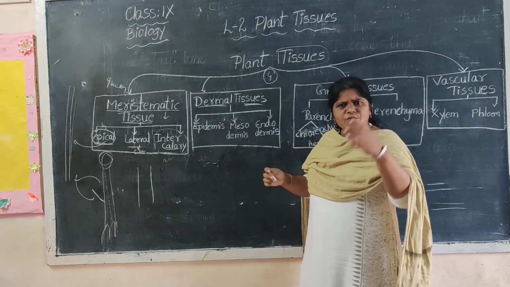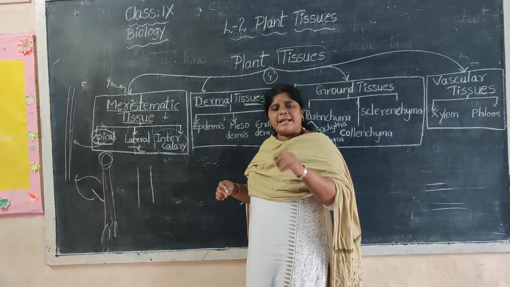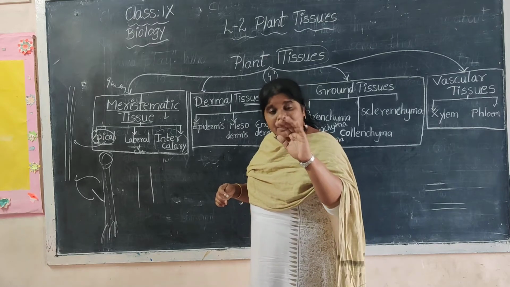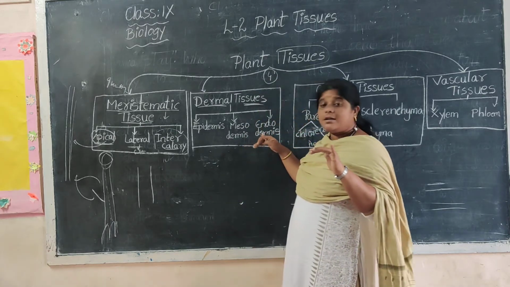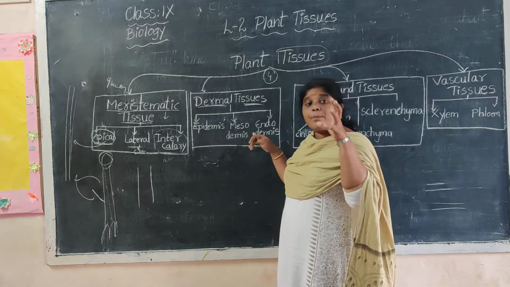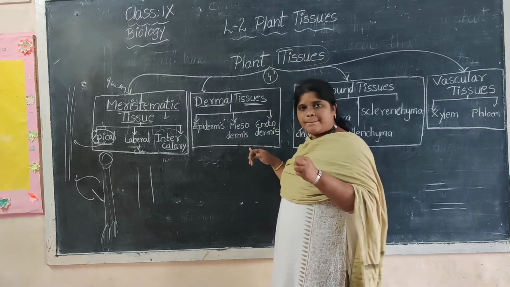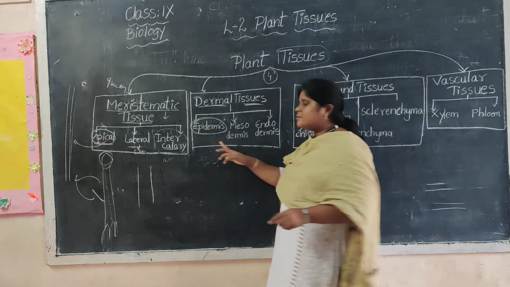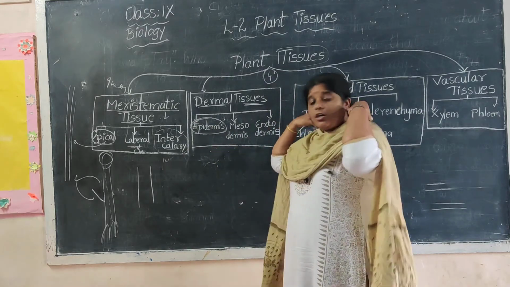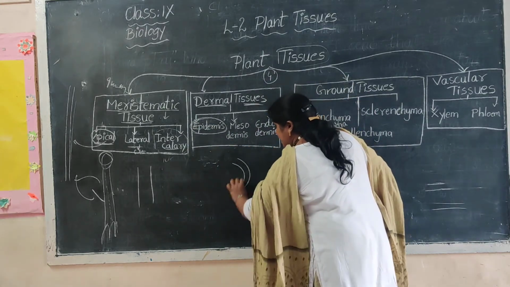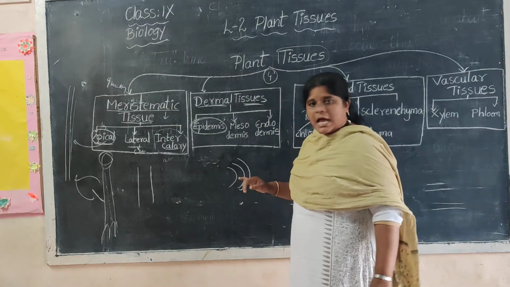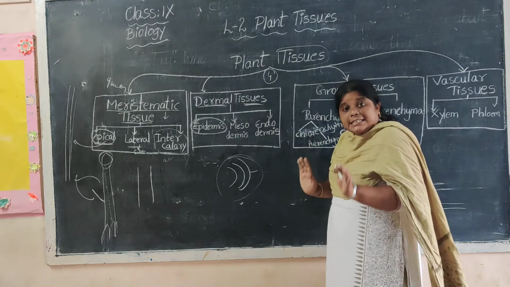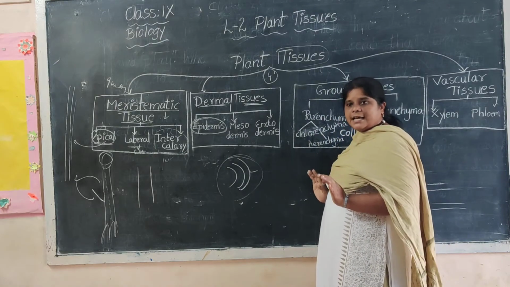So if you observe some huge plants, they will have bark on them, isn't it? Everything will be formed by what, you know? Dermal tissue. So it will protect the layers of the plant. The protection means there will be 3 layers in the plant.